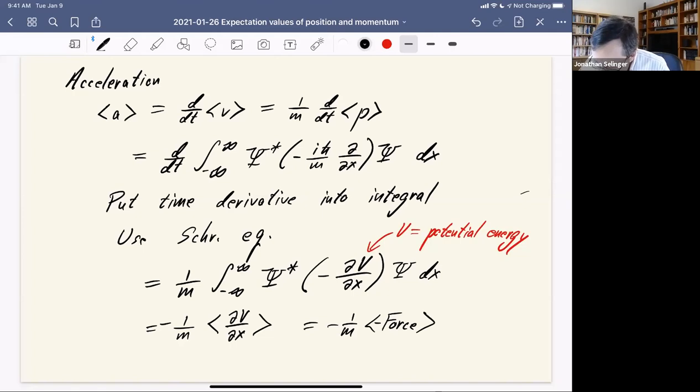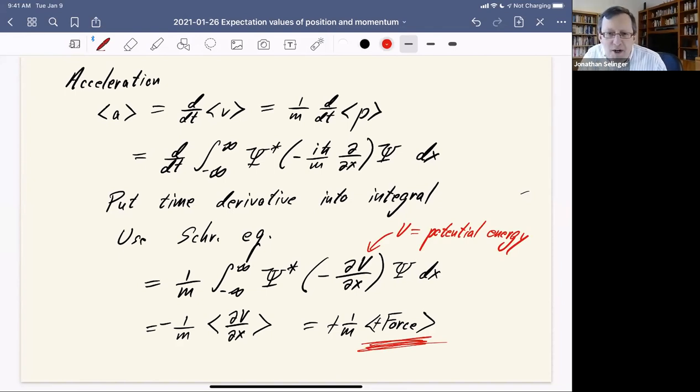And so the minus signs cancel. And so we get that the acceleration average is 1 over the mass times the average of the force.